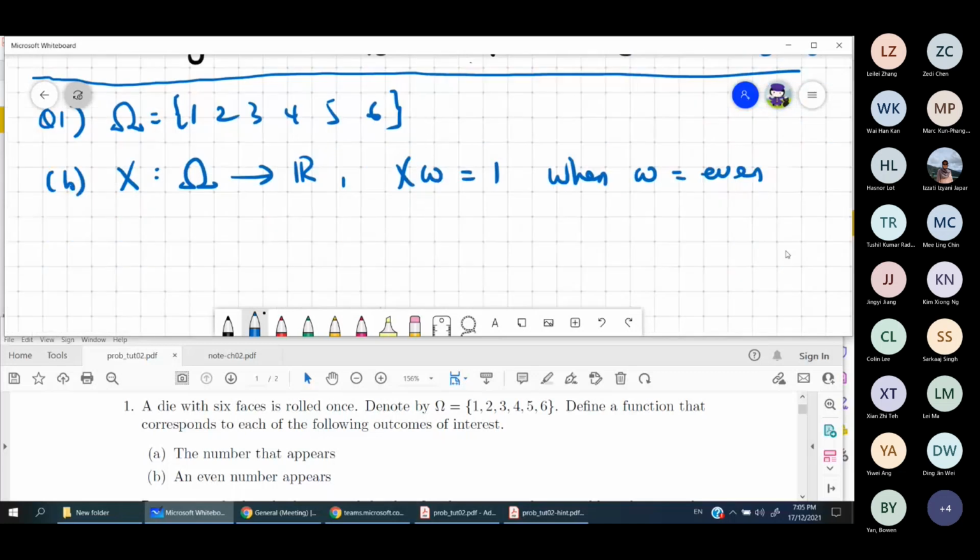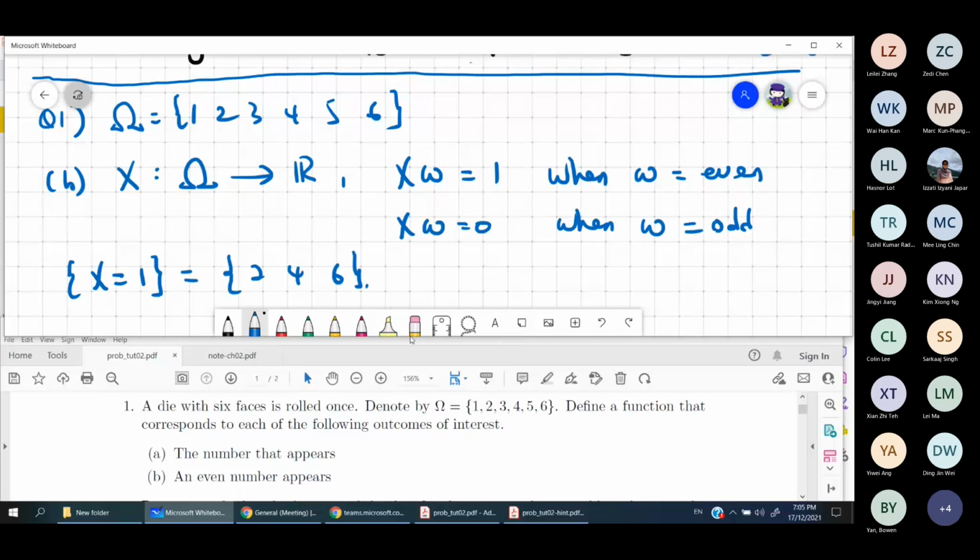Because we are interested in whether the outcome is even or not, we define X of omega as 1 when omega is even, and X of omega is 0 when omega is odd. So X equals 1 will be 2, 4, 6, and X equals 0 will be 1, 3, 5.